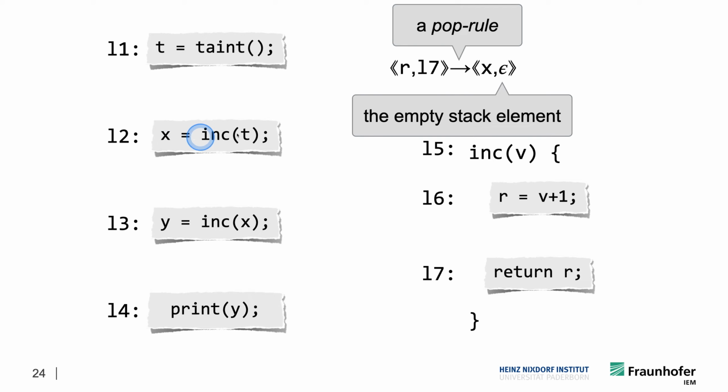So by popping the top element off the stack, we pop line 7 off the stack, and what remains on the stack in this situation is line 2. And so we then get a configuration in which we have line 2 as the top element on the stack, and X is our control location. So basically X is being tainted at this place.